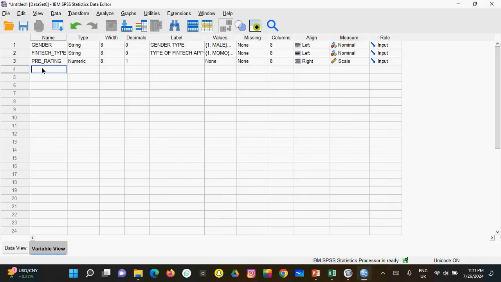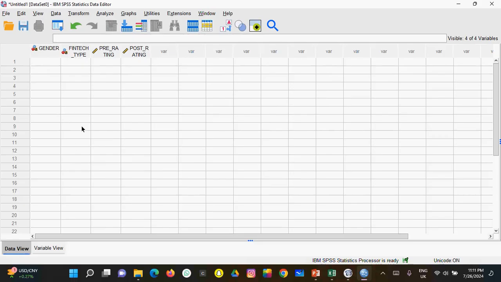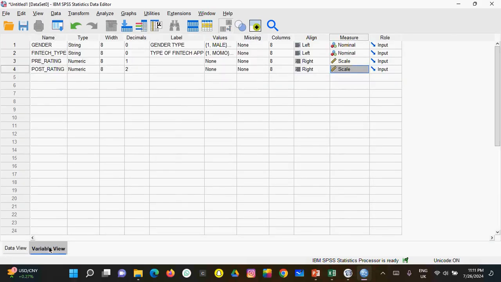And then post_rating. You leave it also the same thing, I guess. Right now we are seeing everything in here. Whatever is recorded is in here now. So let's check the same thing and then filter out our data in Excel.